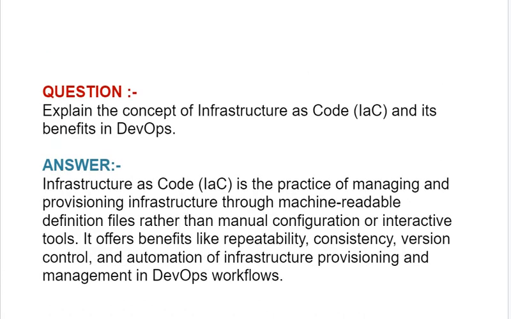Our next interview question is: explain the concept of infrastructure as code, IaC, and its benefits in DevOps. Your answer should be: infrastructure as code, IaC, is the practice of managing and provisioning infrastructure through machine-readable definition files rather than manual configuration or interactive tools.